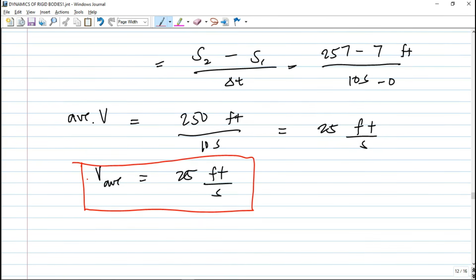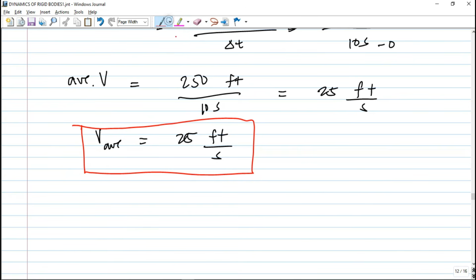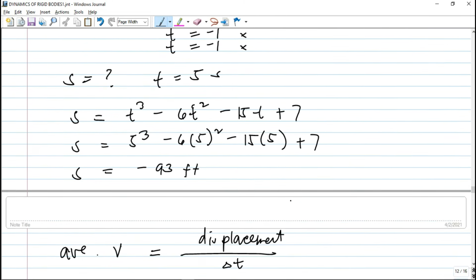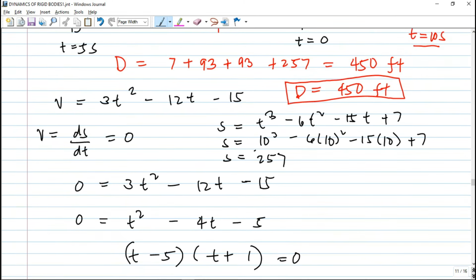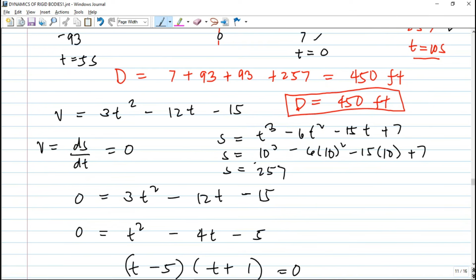Then, we get the average speed. Okay, so speed natin. So, the difference between these two is that the average speed is equal to distance per unit of time. Okay, so yung distance traveled natin, the total of that distance is 450 feet from this solution.